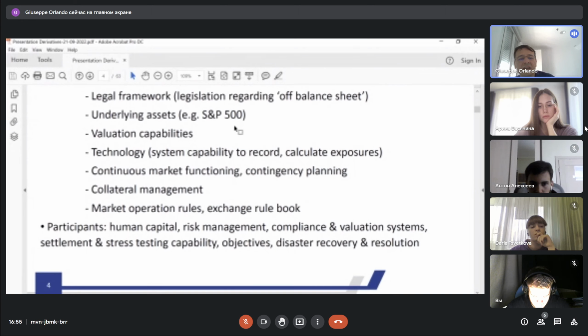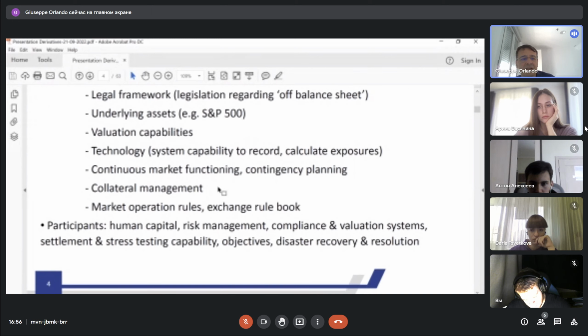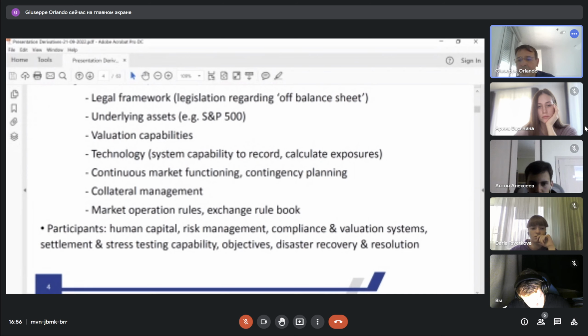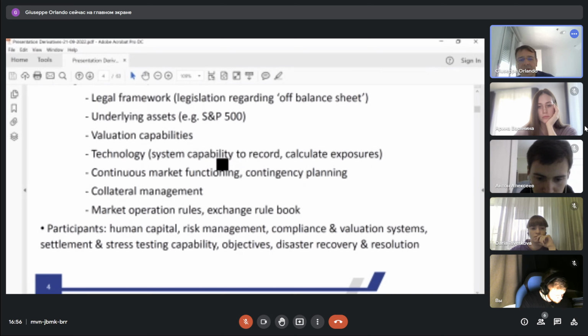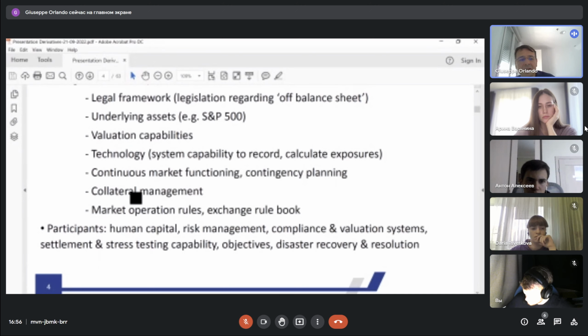So regarding the underlying asset, for example, the Standard & Poor's 500, you need valuation capabilities, and you have to know what is the risk that you are facing. Then the technology, and then you need to know whether the market is working continuously or in other ways.